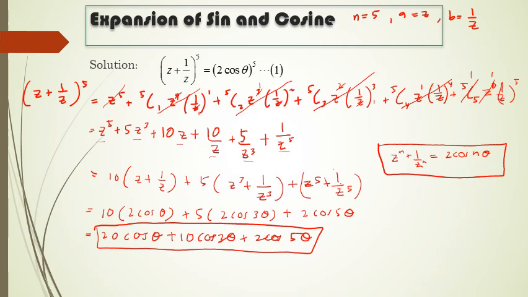So now what about the right hand side? The right hand side is just 2 cos theta power 5, right?